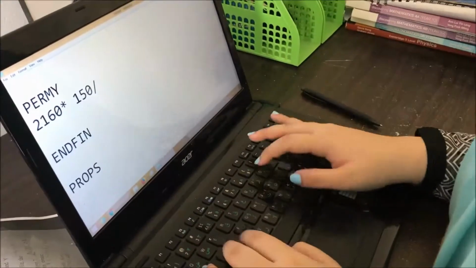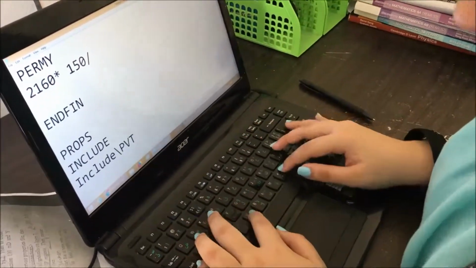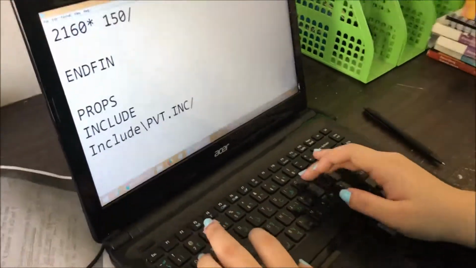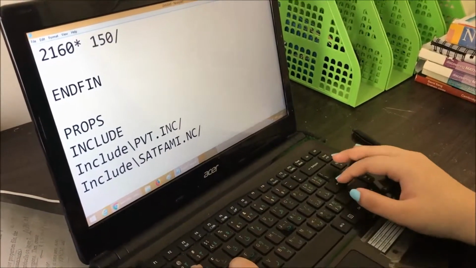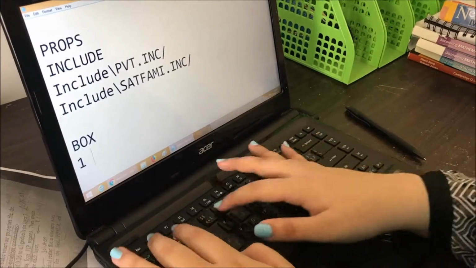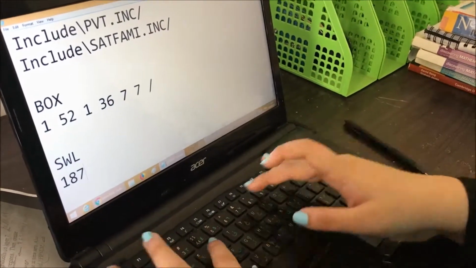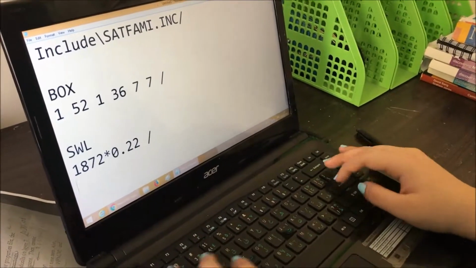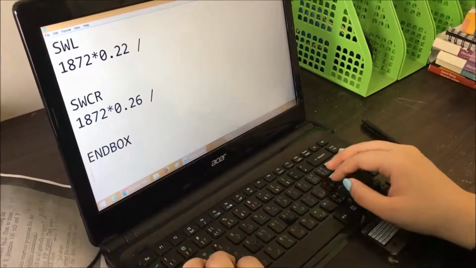Hi, I'm Elaasma and I'll be continuing the second part of the question. Carrying on with the PROPS section, there will be 2 include files. One include file will be for the PVT information, and the second one is for the saturation information. To change the SWL and the SWCR in layer 7 as required in the question, we use the BOX method, and we multiply the rows and columns together, which gives us 1872.